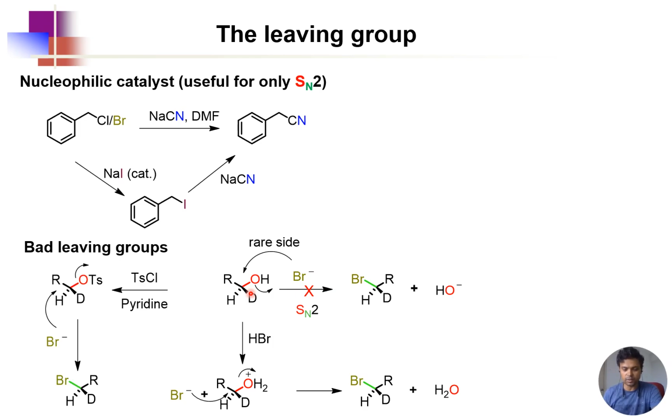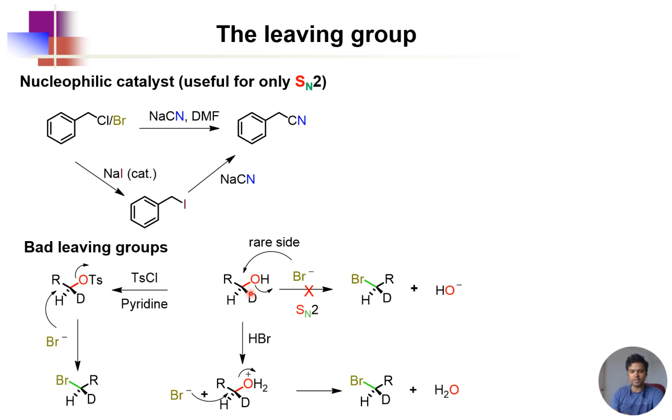You can react with tosyl chloride. The OH will react with the tosyl chloride, para-toluenesulfonyl chloride, to get the OTs, and you can use pyridine as a solvent, but that is actually a nucleophilic catalyst. I will discuss that a few minutes later. Then that OTs can be replaced by bromide, because OTs, tosylate, is also a very good leaving group.